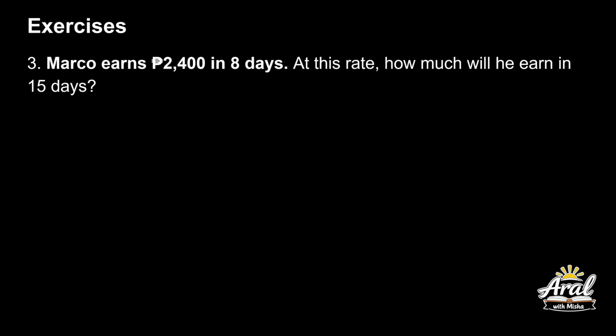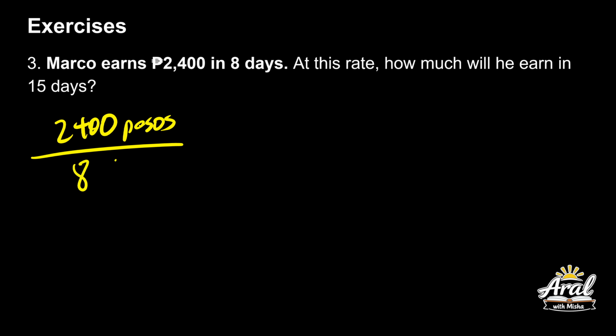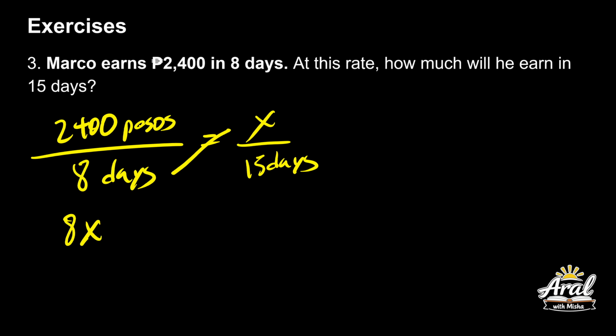Next tayo. Marco earns 2,400 pesos in 8 days. Okay? At this rate, how much will he earn in 15 days? So, 15 days to. X. So, 8 times X, 8X is equals to 2,400 multiply it by 15.